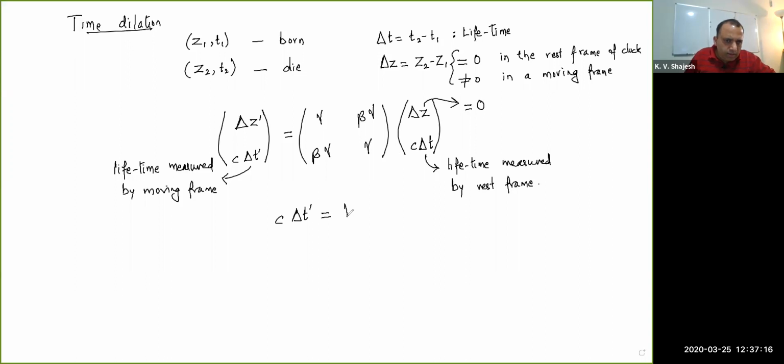So we immediately have gamma times c delta T. c cancels out, and we have the lifetime measured by a moving frame is gamma times the lifetime measured in the rest frame. And since gamma is always greater than 1, time actually dilates, opposite to what we have for length.